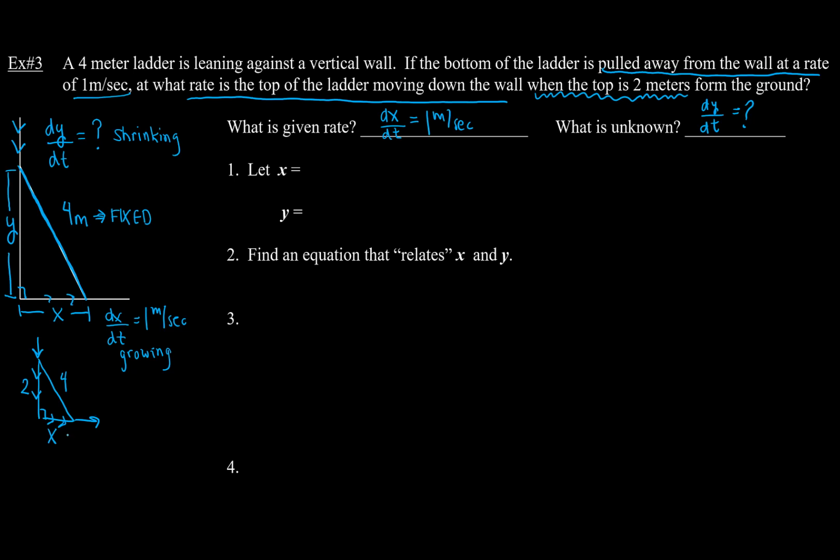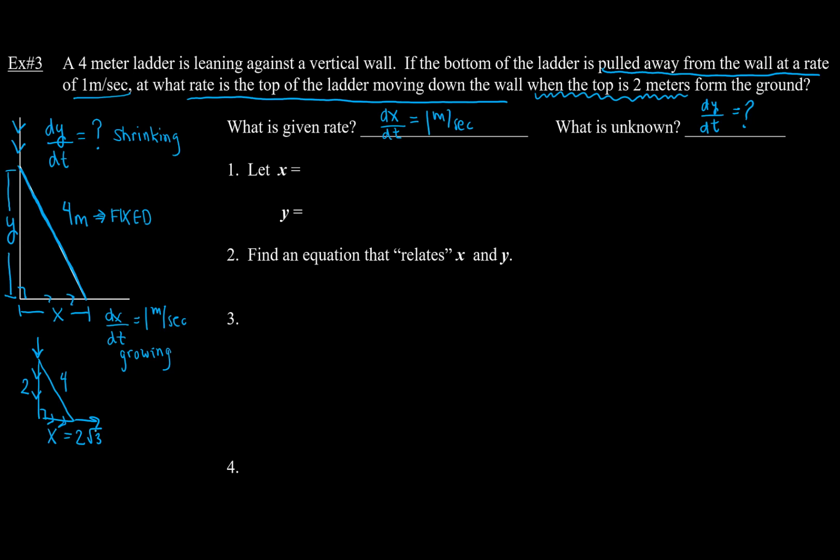But at this moment in time, I can use the Pythagorean theorem and say, okay, 4 squared, which is 16, take away 2 squared, which is 4. So 16 minus 4 is going to give me 12. And x at this particular moment in time is going to be the square root of 12. The square root of 12, by the way, is 2 square roots of 3.